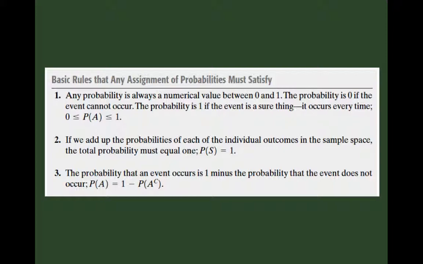And then the third rule, and this is a very useful rule, is that the probability that an event occurs is 1 minus the probability the event does not occur. And we call this the complement rule. Okay? And let me take a second here to describe what the complement of this set represents.